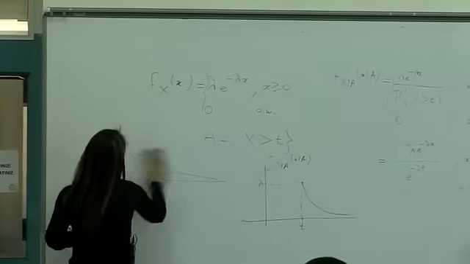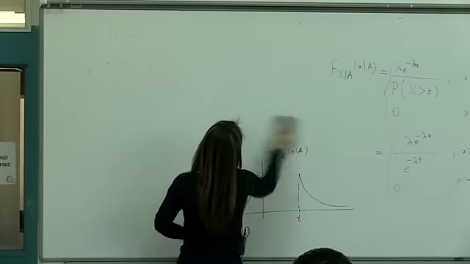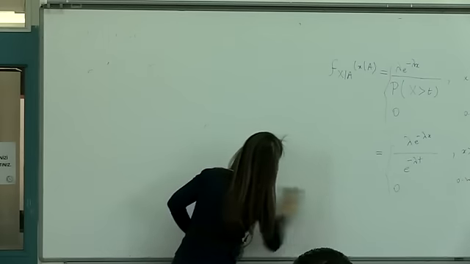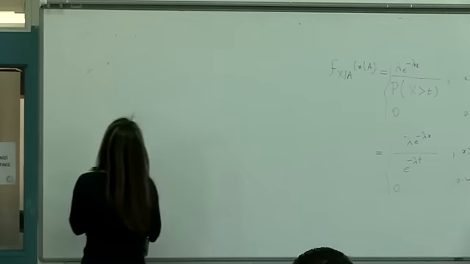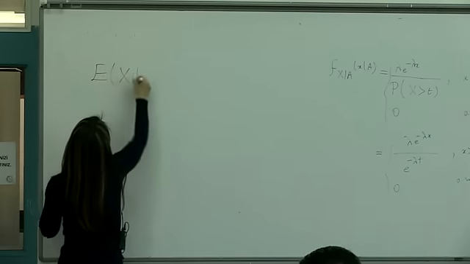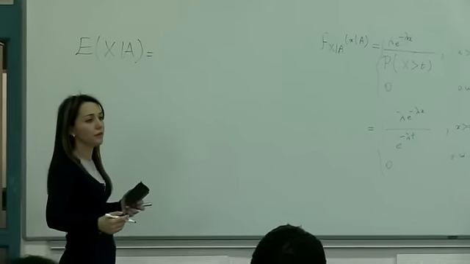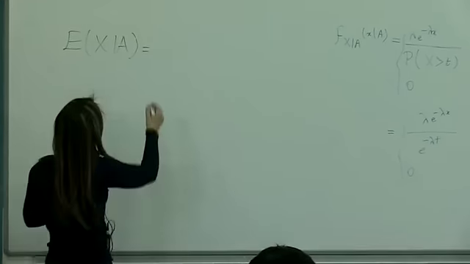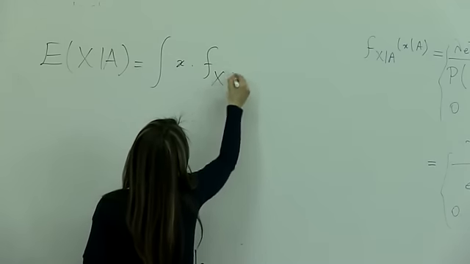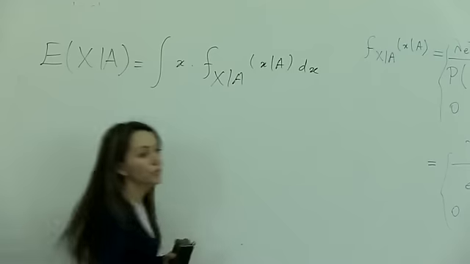So let's consider the expectation of x given A. The expected value of x given A when x is a continuous random variable. How would you define it? Simply integrate x times the conditional density f_X given A dx over what region?